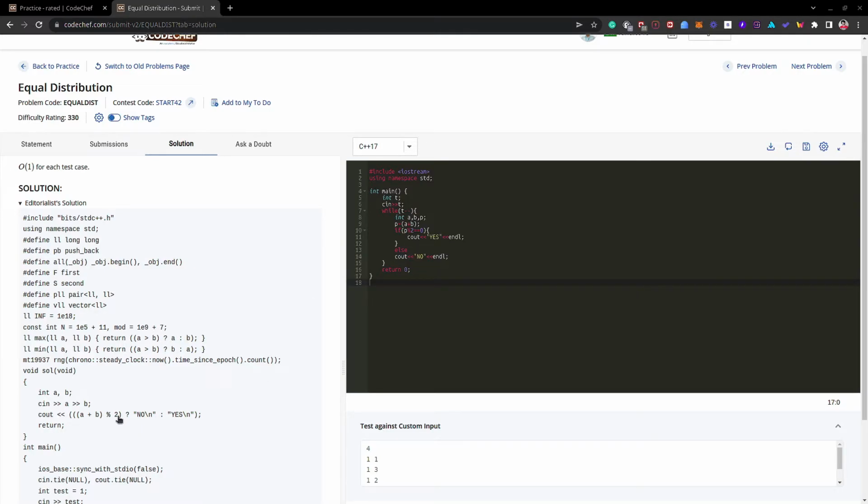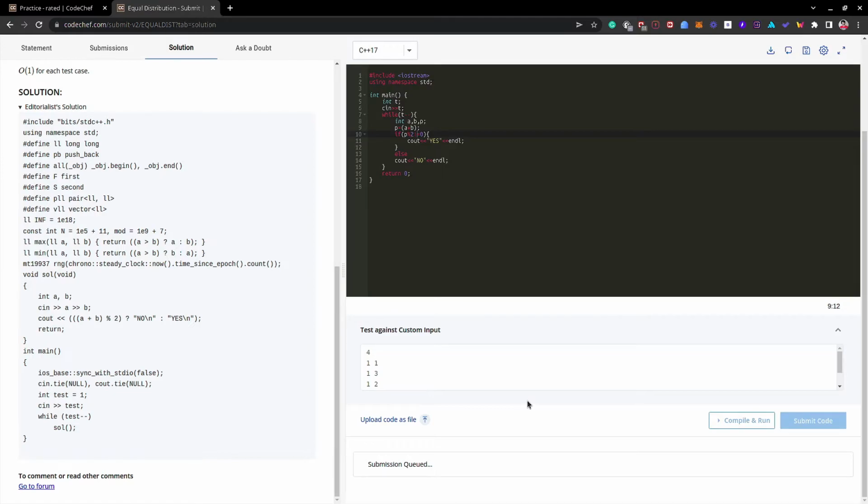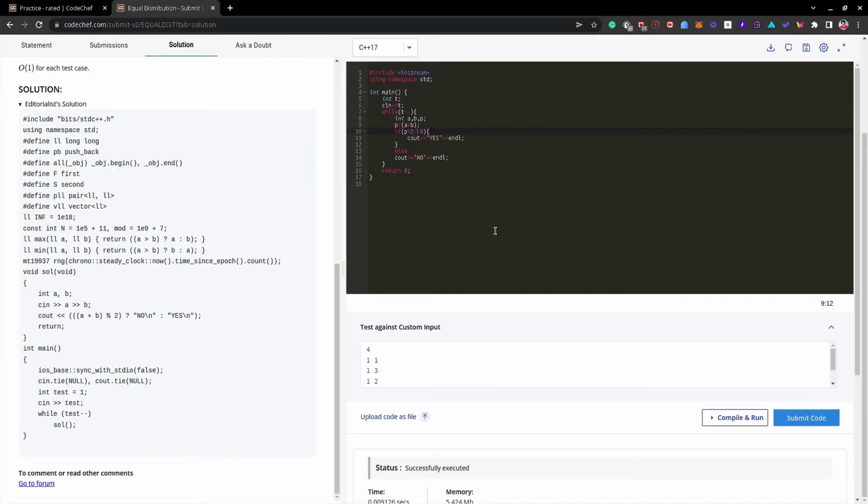I really don't know what is happening here right now. If it is not equals to 0, I'm a bit confused here. What is it doing here?